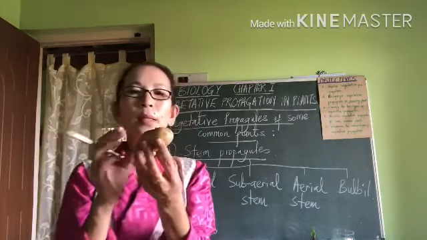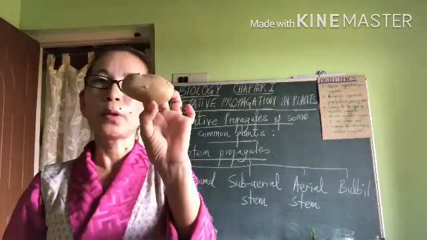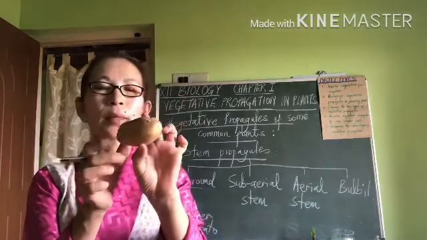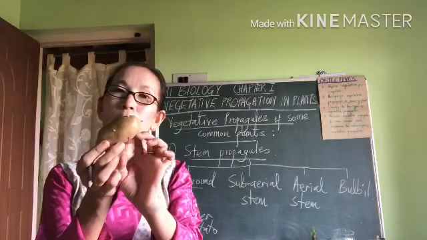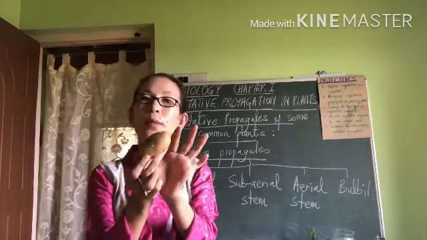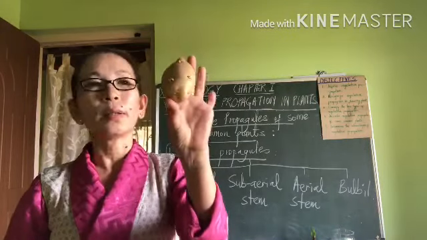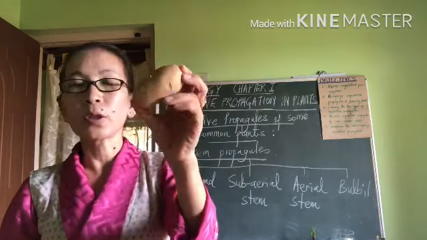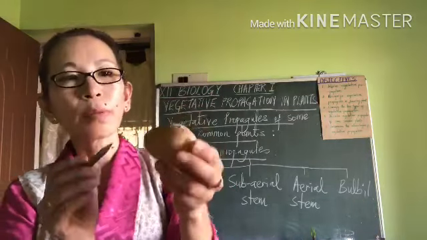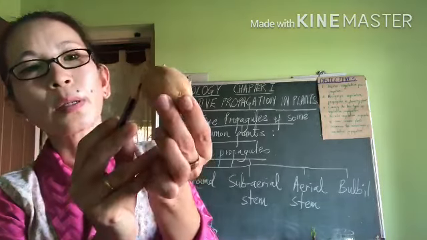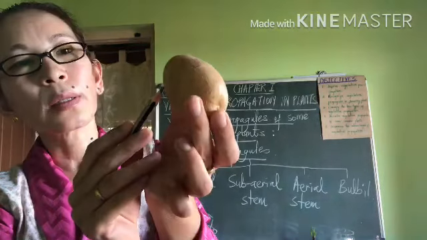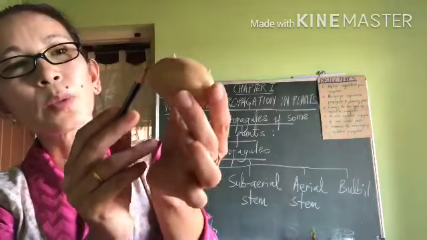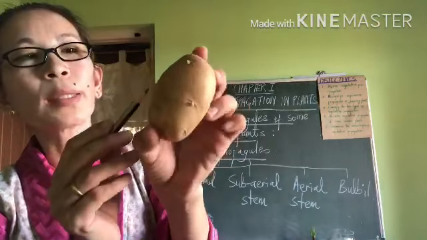And in this potato tuber, the reason why we consider this as a stem is because it possesses a very important structure here that you might have seen. So if you look closely, you have these structures, which we commonly refer to as eyes.